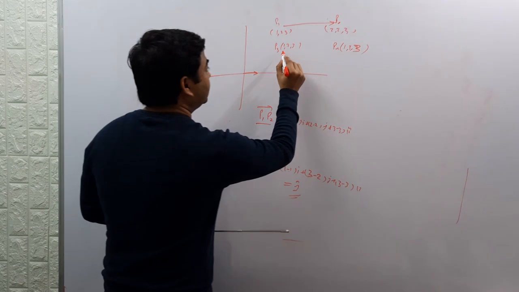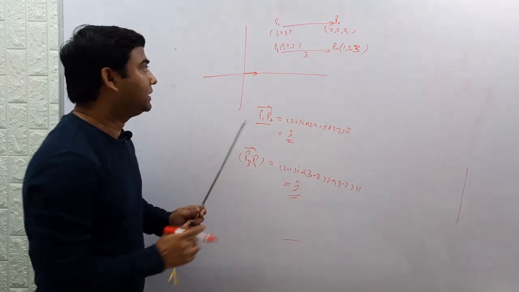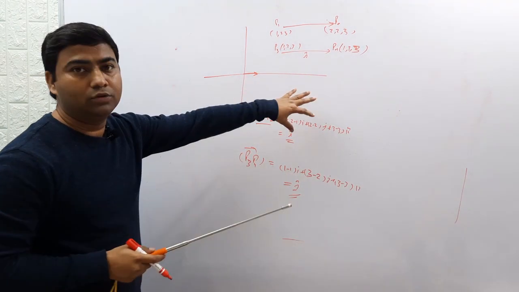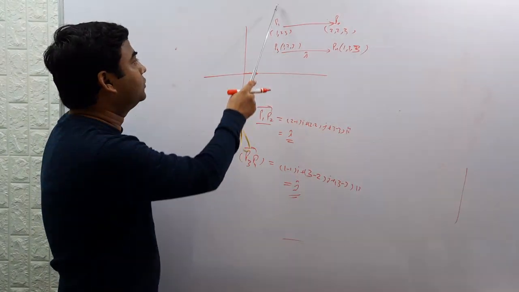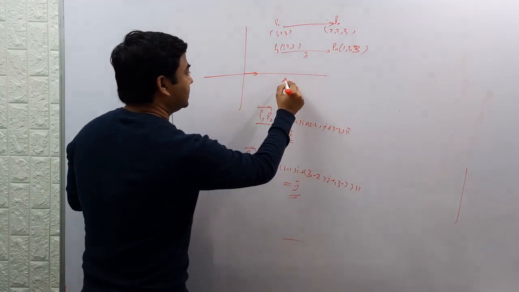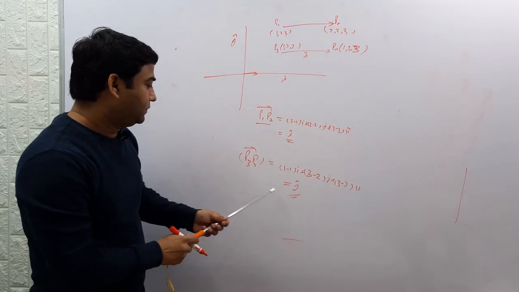So this vector is j. Here I have drawn it horizontal, but actually it will be vertical. I have just drawn it to explain. Otherwise P3P4 will be in the vertical direction, in the direction of j. This is i, this is j. So P3P4 is j.